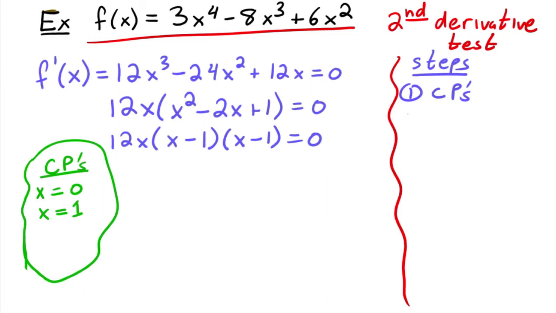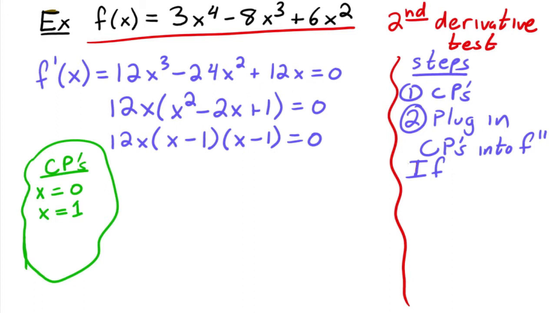Okay, so once we found our critical points, then we plug in the critical points into the second derivative. So let's do a little if here. If the second derivative is positive, that means that it's going to be concave up, which means it's a local minimum.